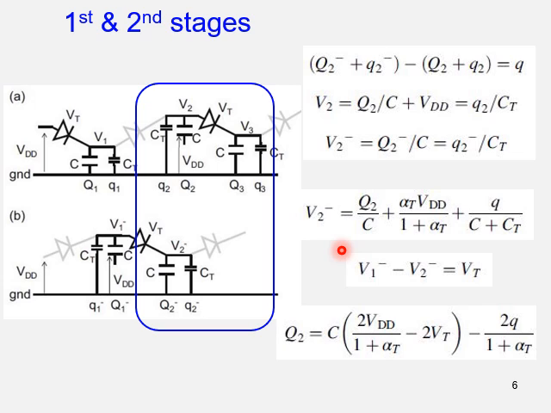This is valid as far as the clock frequency is sufficiently low. Then those equations result in this equation. The amount of charge Q2 in this period, you can show with these parameters, including small q.